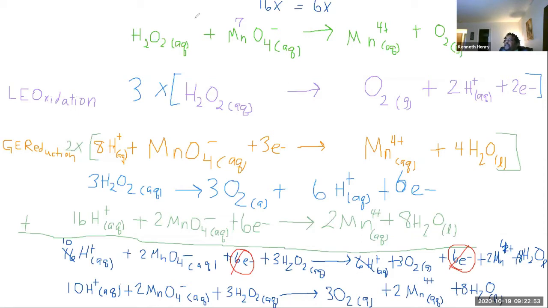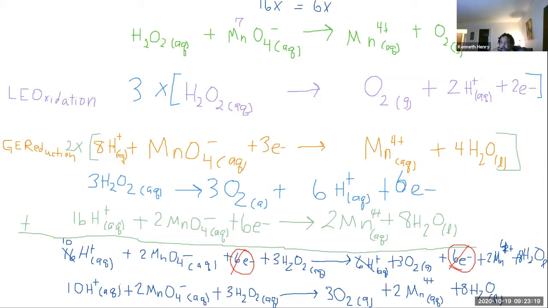Okay, the last step. Wait, Dr. Henry, basically from what you're saying, if we ever have an equation that, instead of the H, was like bromine, then we would have to do the same thing.